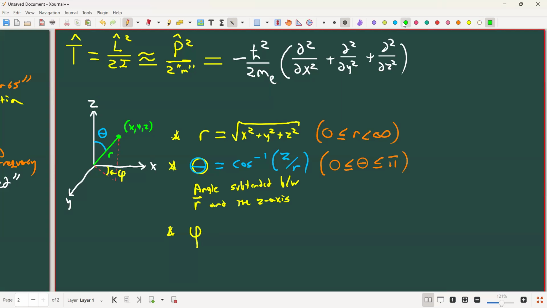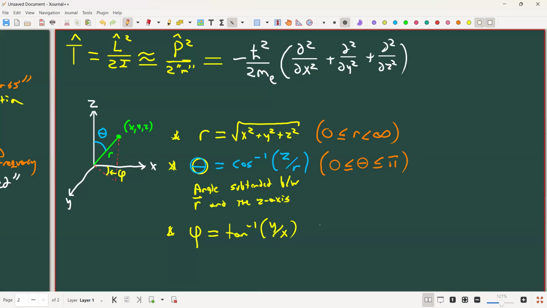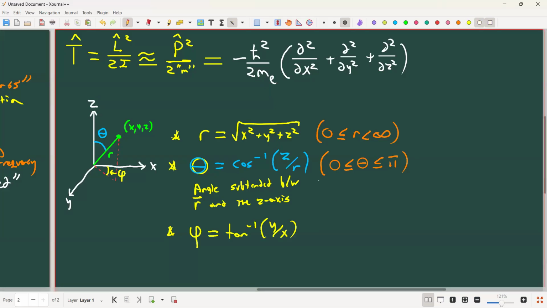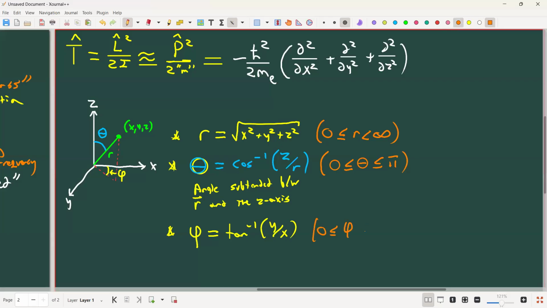But that's just me. And that's the inverse tangent of y over x. And of course, this basically tells you in the xy plane which way it's pointing, so it can subtend 360 degrees. It goes through all 4 quadrants of the xy plane. So phi can be any value between 0 and 2 pi.